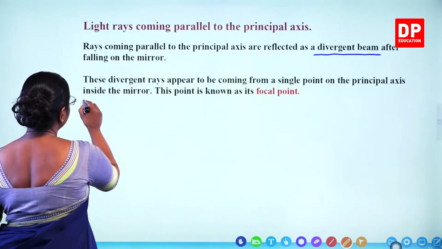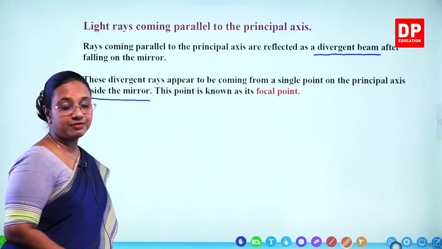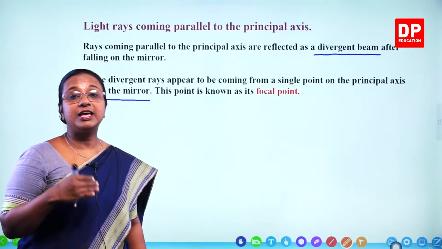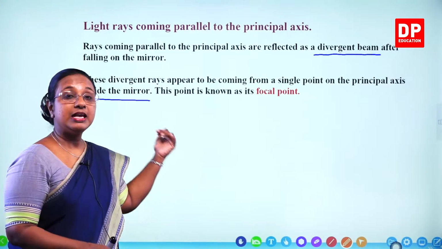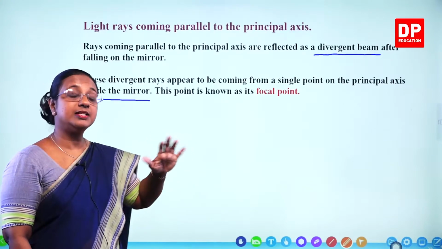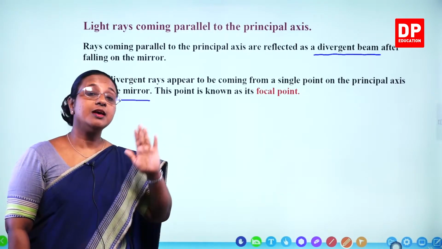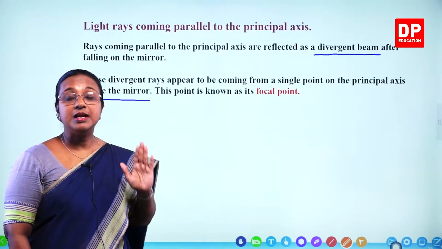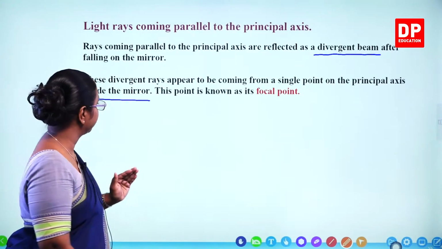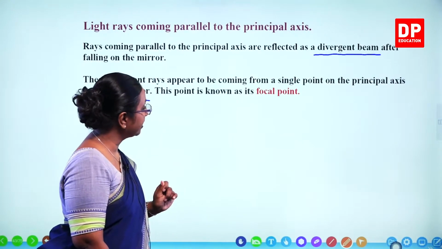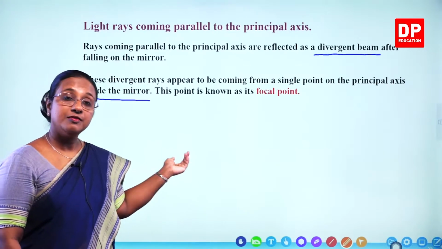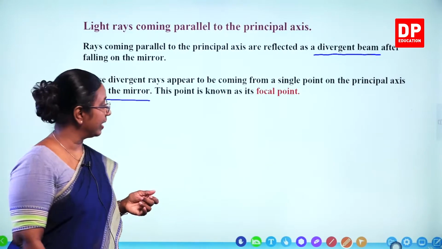So here you have to remember, students, this is a difference between the concave and convex mirrors. Here the focal point is inside the mirror, or when you are drawing, you have to draw it behind the mirror, behind the non-reflective surface. This point is known as its focal point. We have drawn this before as well.